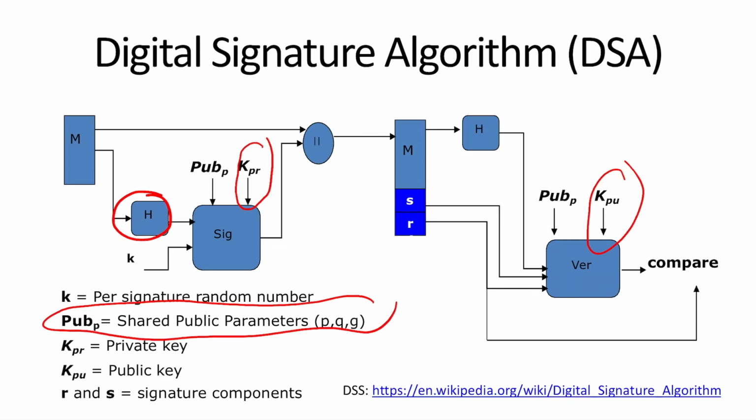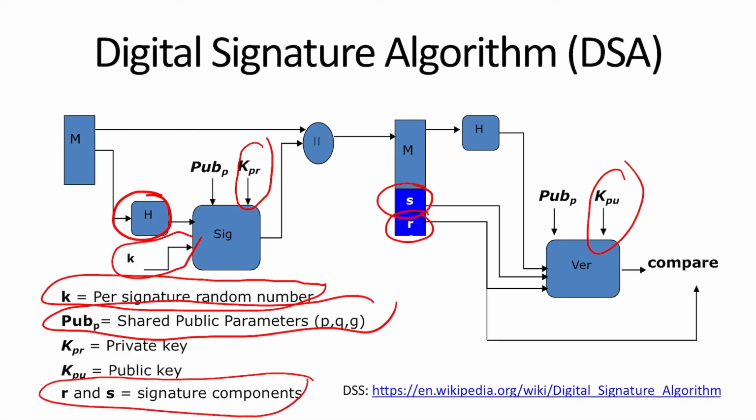These comprise a prime number P, a prime number Q, and the number G, which is computed using these two prime numbers. There is also a per-signature random number known as K, which is only used on the sender side. As we can see here, it's being given as an input to the signature creation algorithm. The digital signature created using this algorithm is comprised of two values, R and S.